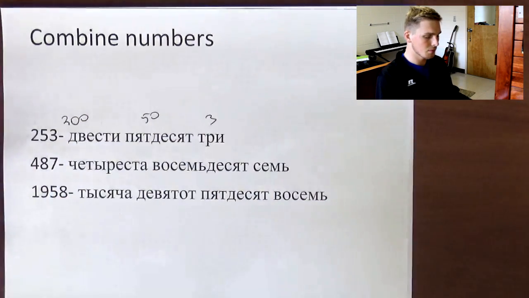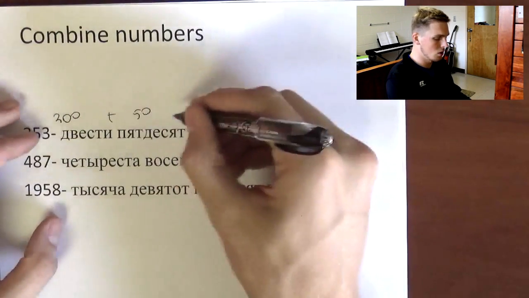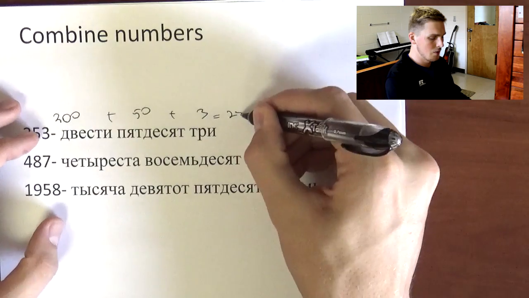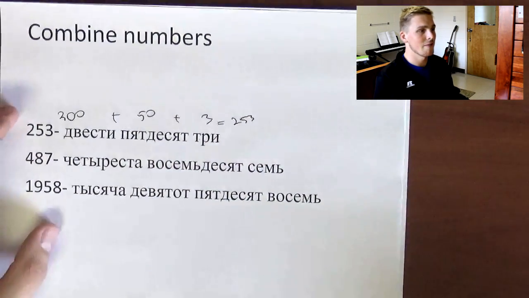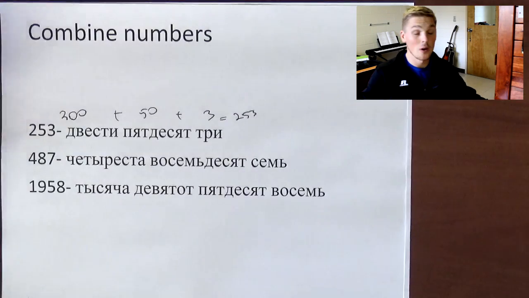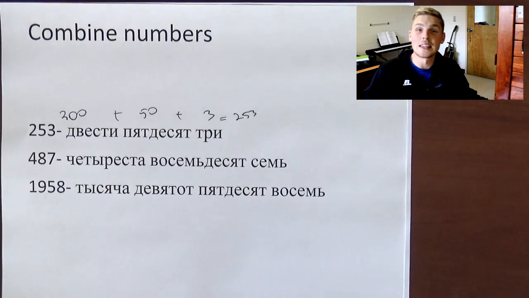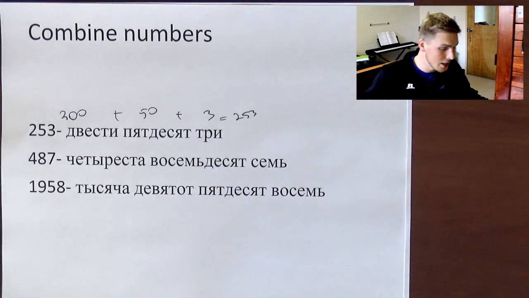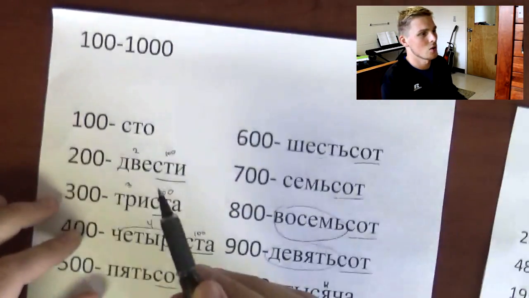If we combine them all, we're going to get 253. So just going to find a word for each of these numbers. For 200 is going to be 200. As we learned over here, 200 is 200.